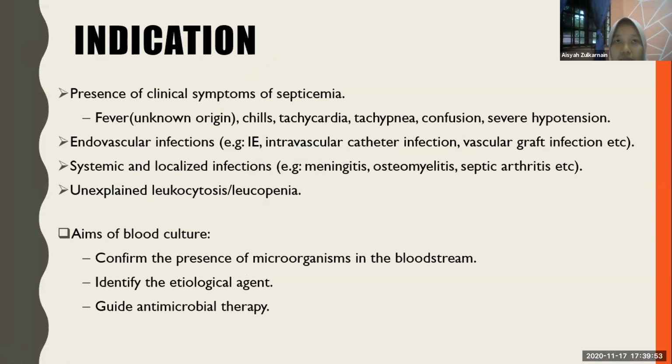So blood culture and sensitivity is indicated if the patient is suspected to have clinical symptoms of septicemia, for example, fever, especially if the cause of the fever is unknown, and then chills, tachycardia, tachypnea, confusion, and also severe hypotension.